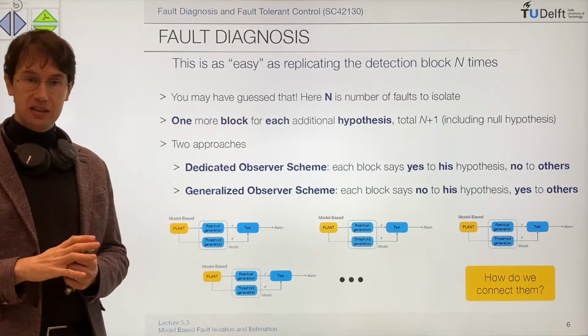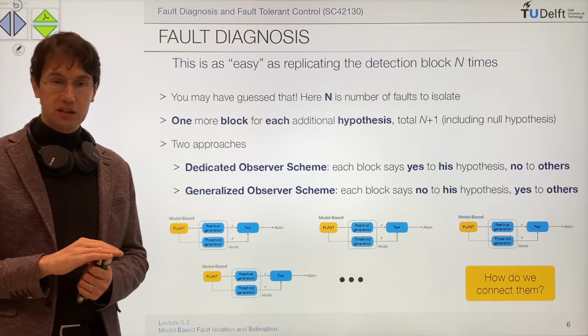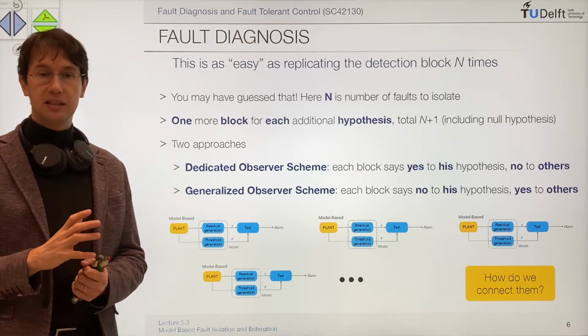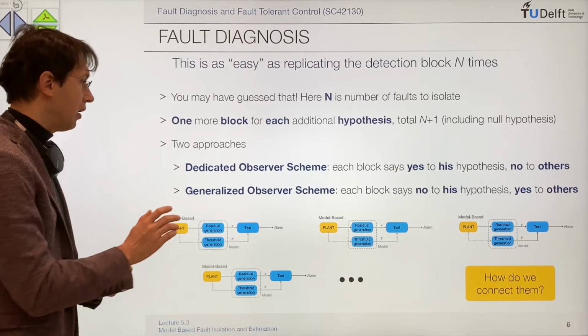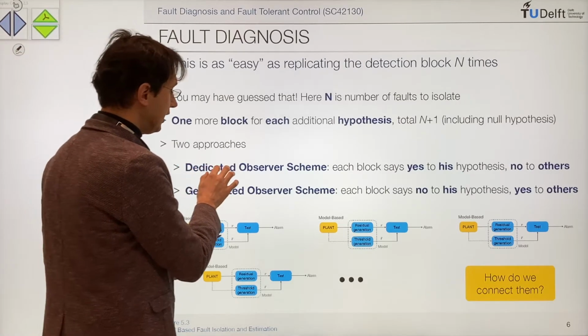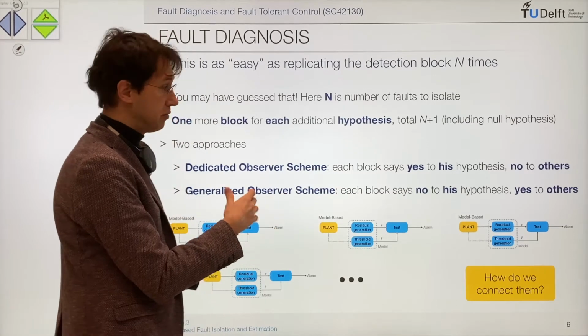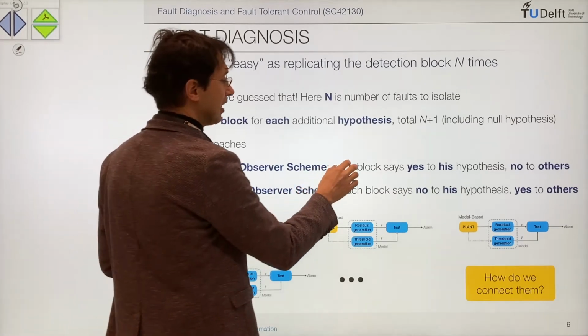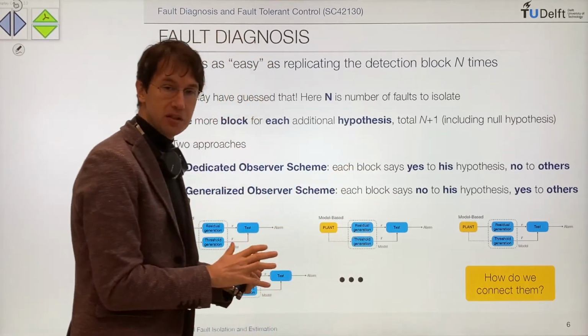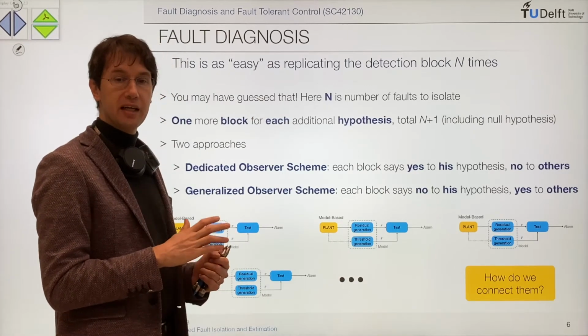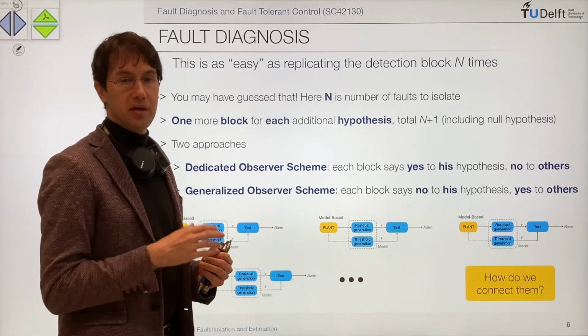Anyway, still, there are two approaches to falsifying the additional n hypotheses. The first one is the dedicated observer scheme, where each block, each observer, cannot falsify its own hypothesis, but will falsify the hypothesis of all the other remaining blocks.